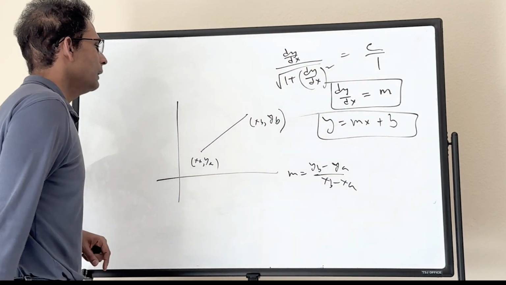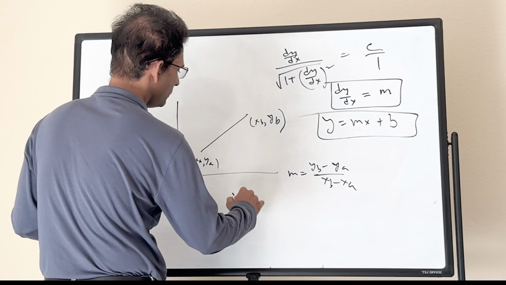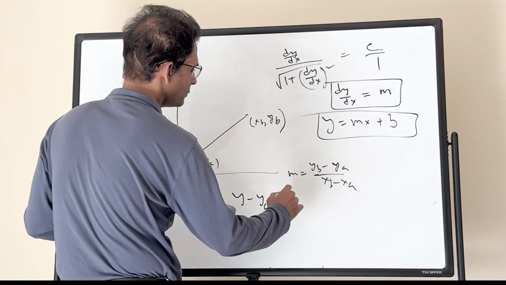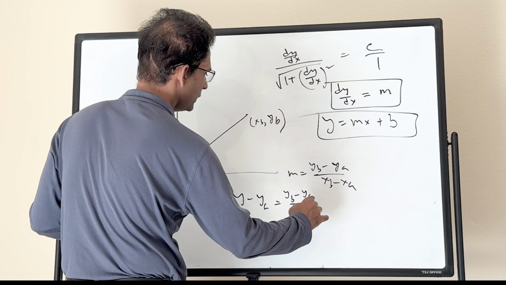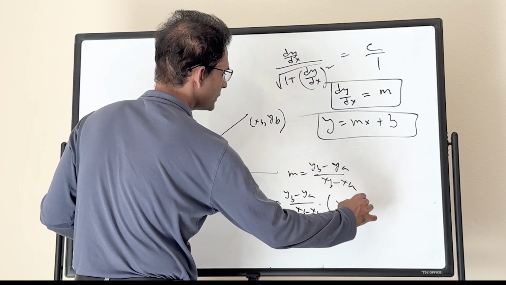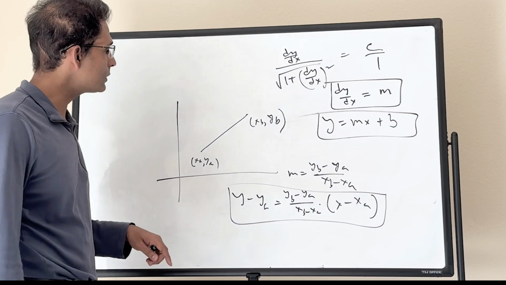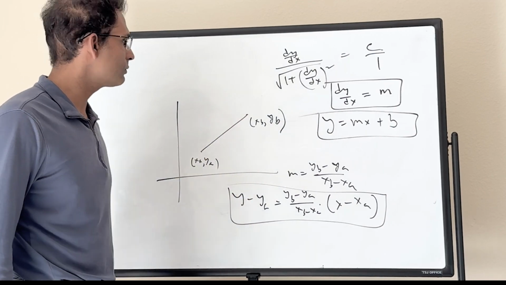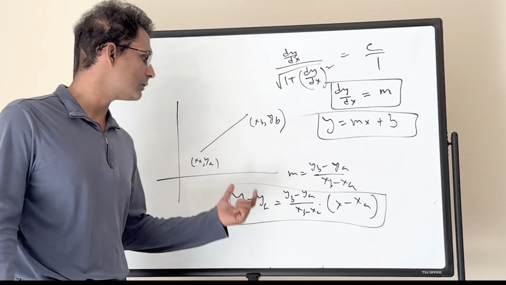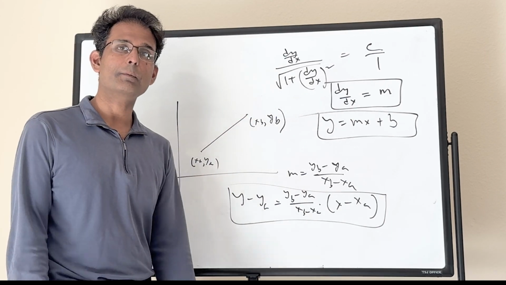And we can use the point-slope form: y minus ya is equal to m, which is (yb minus ya) divided by (xb minus xa), times (x minus xa). This is called the point-slope form of a straight line. So this is the equation of a straight line that passes through two given points, and this gives us the shortest distance between the two points.